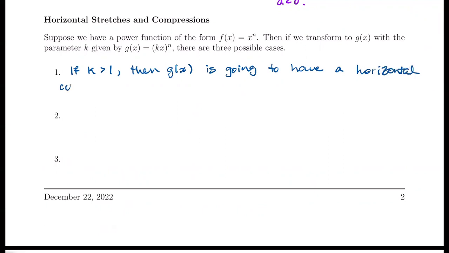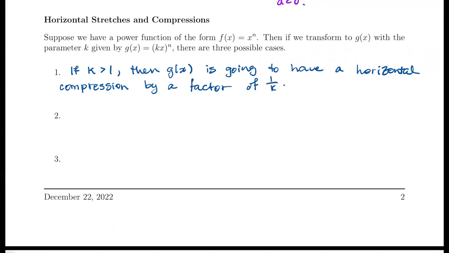compression. Now this time it's going to be a little bit different, because it's always going to be 1 over the value of k that you work with. So by horizontal compression by a factor of 1 over k.